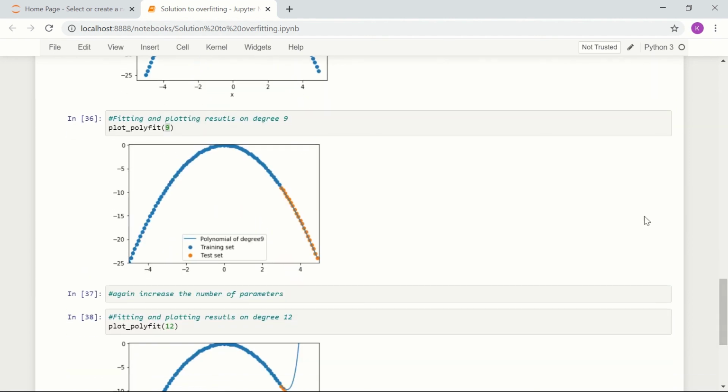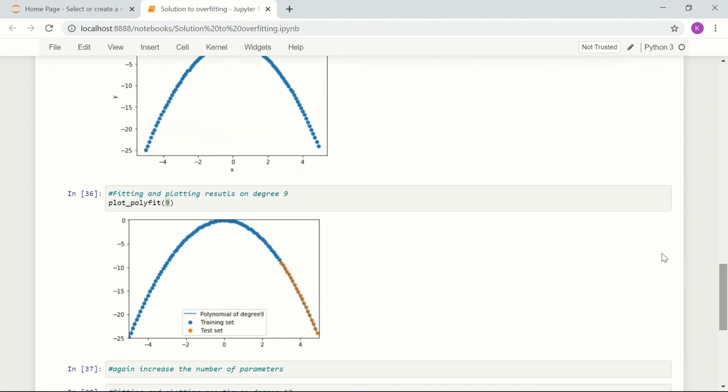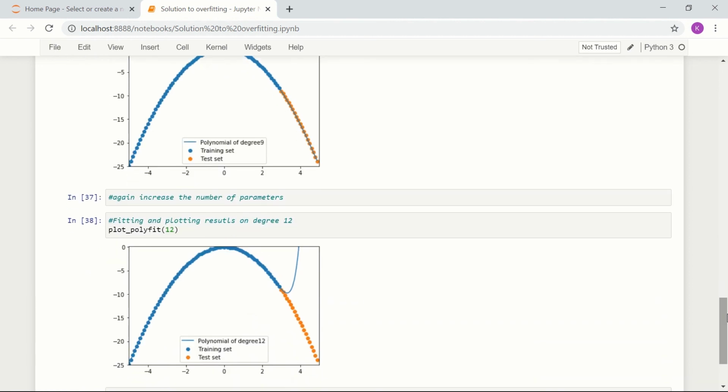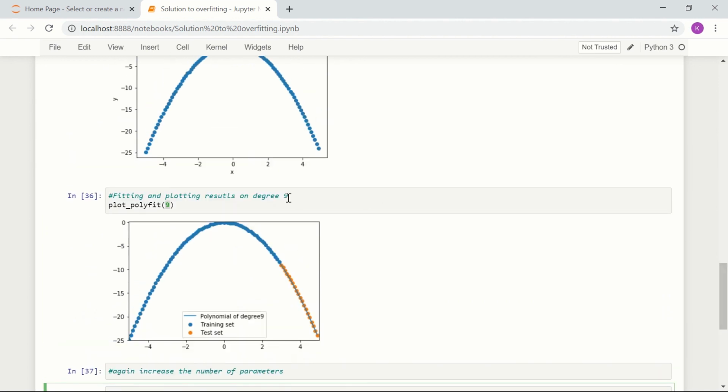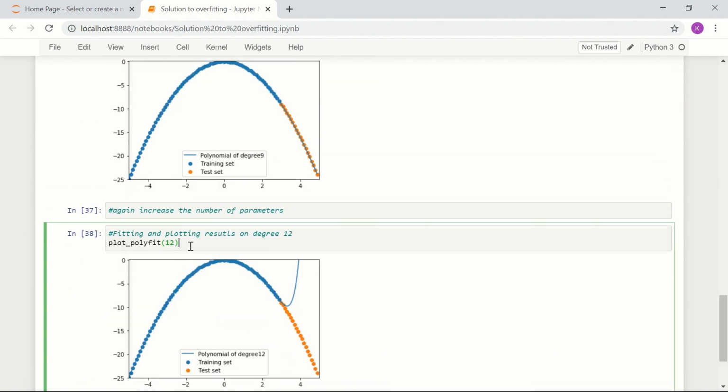The other one was that we should have a smaller number of parameters to control overfitting. Fewer parameters means the number of parameters should not exceed a specific number for the specific data. For example, we increased the data, it is 100 points. And even if we increase the power of the model, we moved to 12 from 9. We used polynomial degree 9 first, but we are using polynomial degree 12 here.